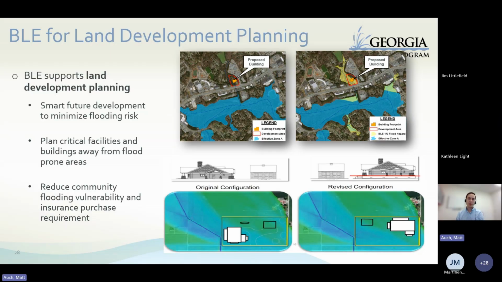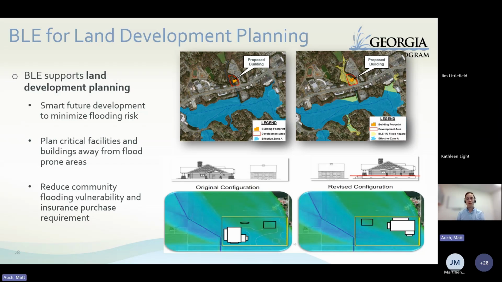So if you're planning a proposed development on this property shown here on the top left, you see it's, again, located outside of a special flood hazard area. There's not any flood risk information that's available to the site and nothing to restrict the development.